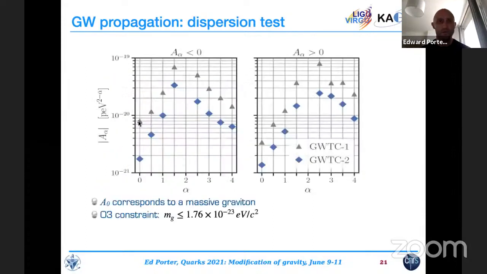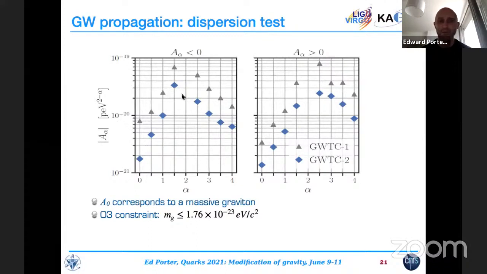These gray triangles were basically the results at the end of the first catalog. One of the things that I want to bring to your attention is the scale here. We're looking at an amplitude on the order of 10 to the minus 19 pico-electron volts squared. So this is the type of deviation that we're measuring at the moment.